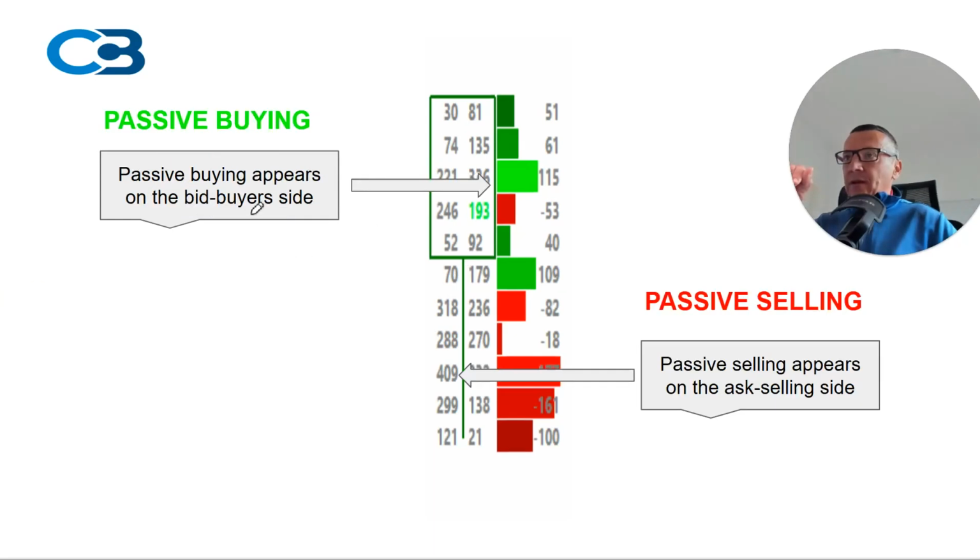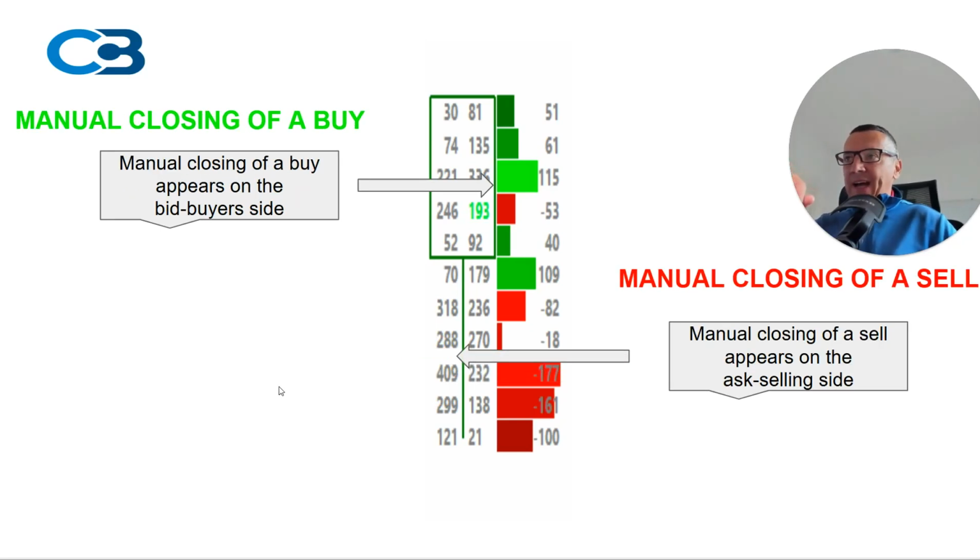So then we have passive buying appears on the buy side, and then we have passive sellers appears on the sell side. Okay, and then we have what we call a manual closing of a buy. Okay, when you actually manually close your trade either for a loss or a take profit, it appears on the buy side.